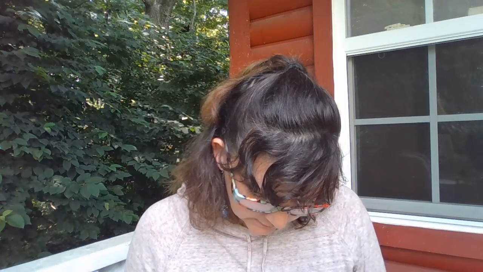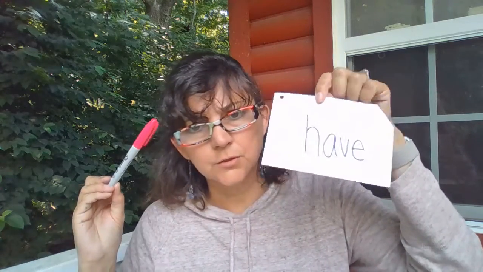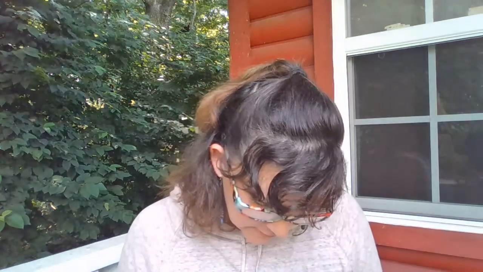So on this side, we're writing how we spell it. Have. Now we're going to circle the part that's different. In this situation, it's the silent final E, because it's not doing its regular old English job. It's doing a new job, a different job, the third most common job.